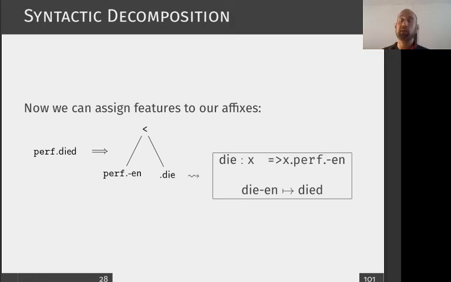Moreover, because we've made a complex head, we have to say how that is morphologically interpreted, and we say that die plus un is morphologically interpreted as died. Okay? And we have to do that because the sentences that we build are not John will have died, but John will have died. Okay?